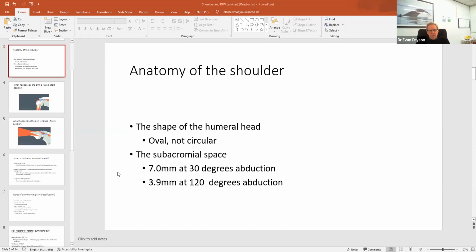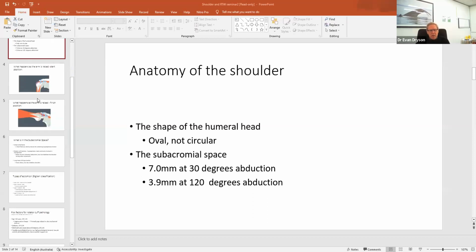And look what happens when you raise your arm to 120 degrees, which is above shoulder height. The space, the subacromial space, goes all the way down to 3.9 millimeters. This is on average, of course, it varies from person to person. But you could say almost half the space has been diminished by just raising your arm sideways.